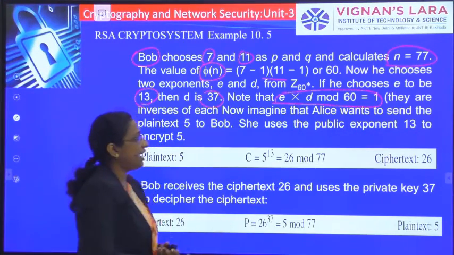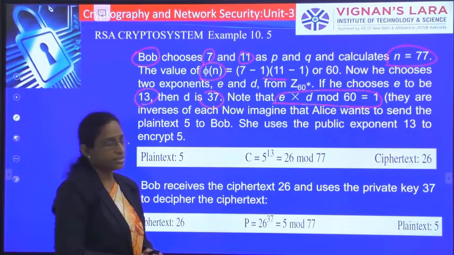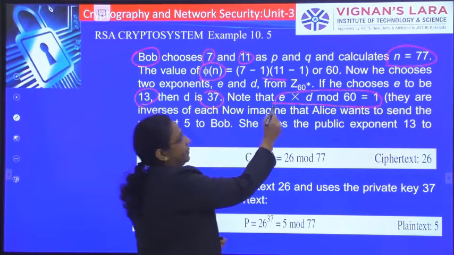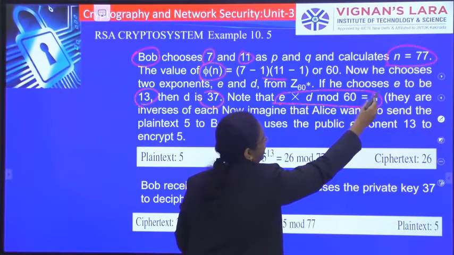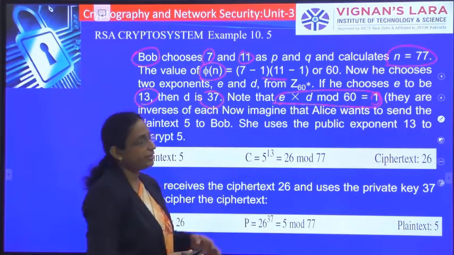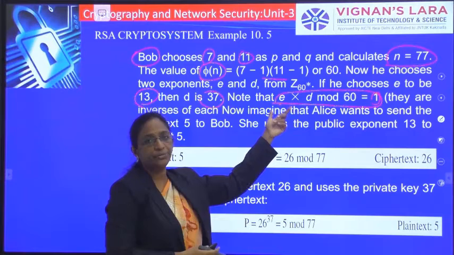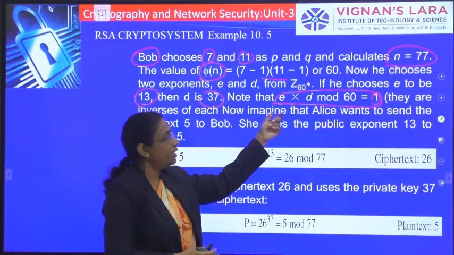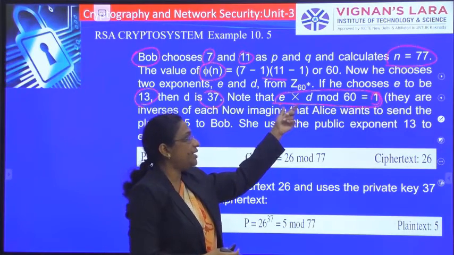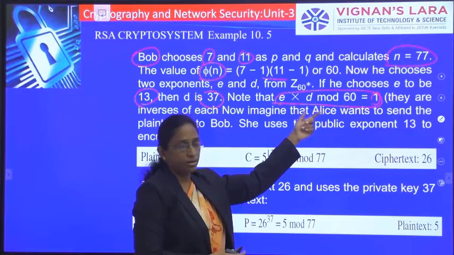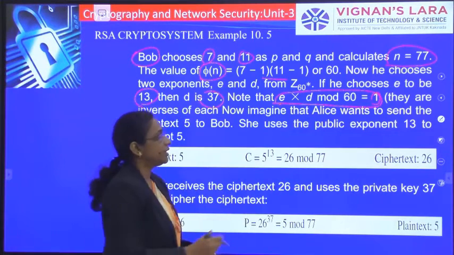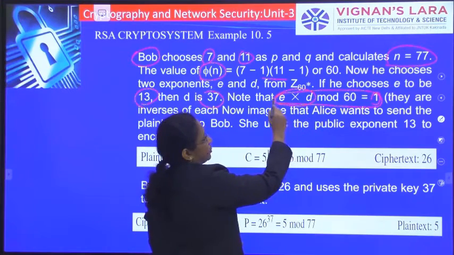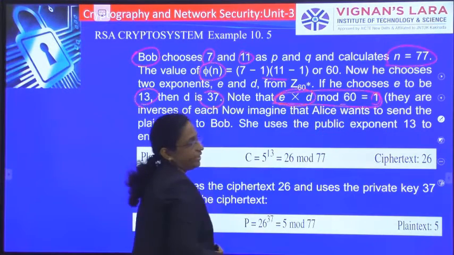We have already studied multiplicative inverses: if we multiply two elements and do a mod operation, and we get a remainder of 1, that means these two elements are multiplicative inverses of each other within this field.